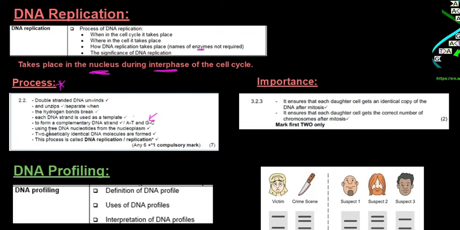And then using the free DNA nucleotides from the nucleoplasm, so those nucleotides that we looked at, so that nitrogenous base attached to the pentose sugar attached to the phosphate group, there is free floating nucleotides in the nucleoplasm. So those are the ones that will be used to form these complementary strands. And then two genetically identical DNA molecules are formed.